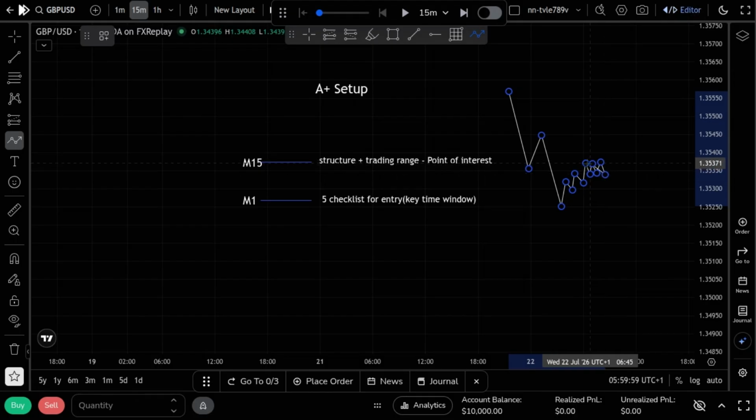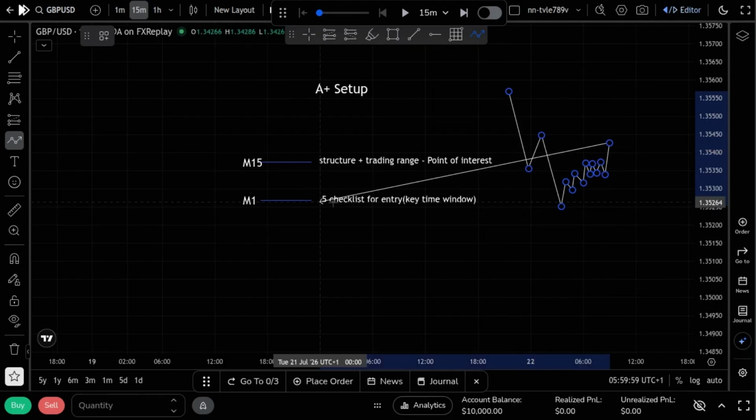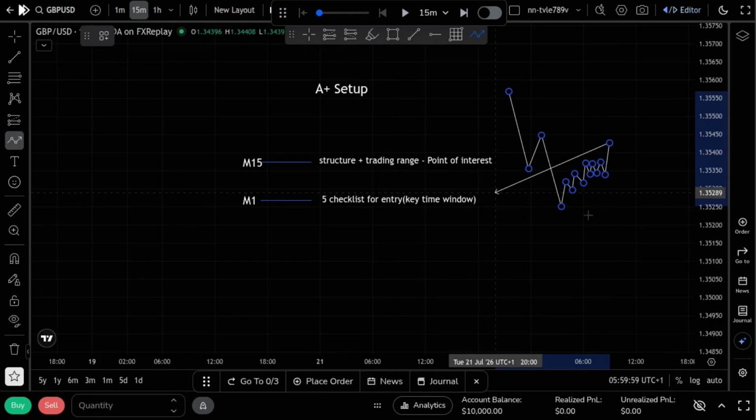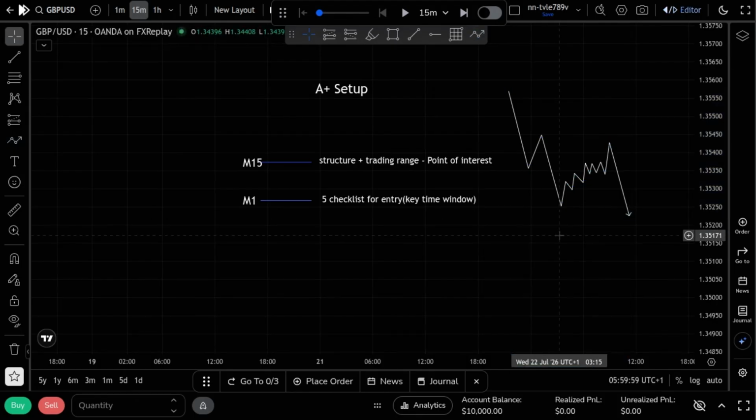We want to see the manipulation of the Asian range into our preferred POI, and then once price entered our preferred POI within the first 2 hours of London session or the first 2 hours of New York session, and then I go to the M1 time frame and observe if I can spot my 5 checklist confirmation, and then I potentially sell.